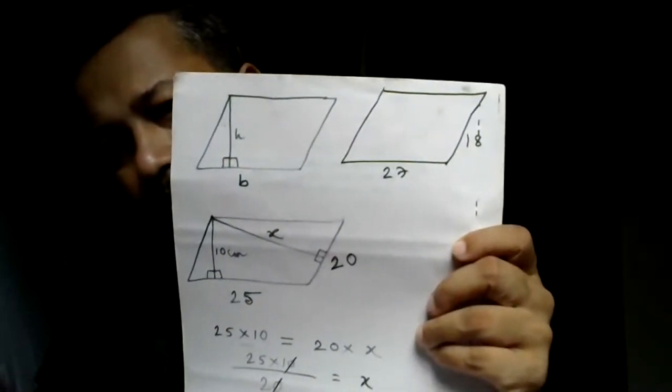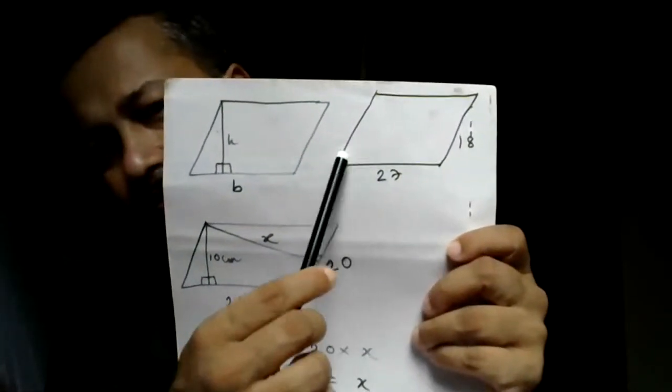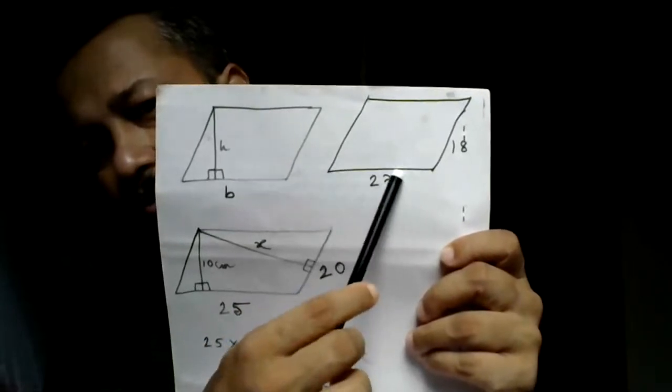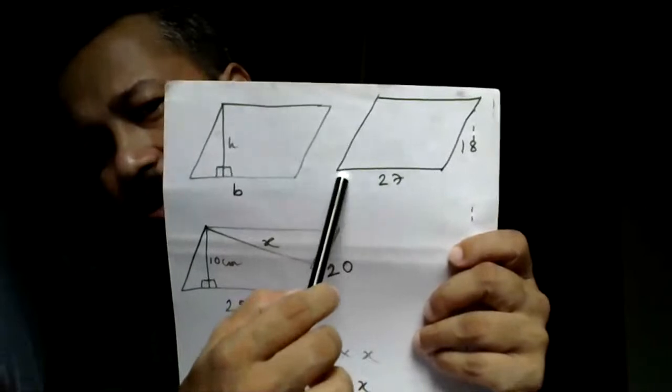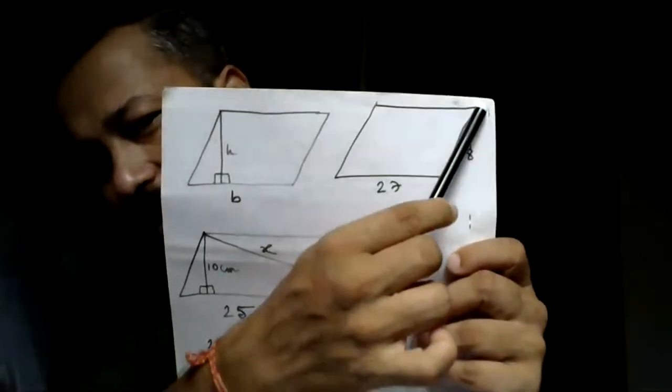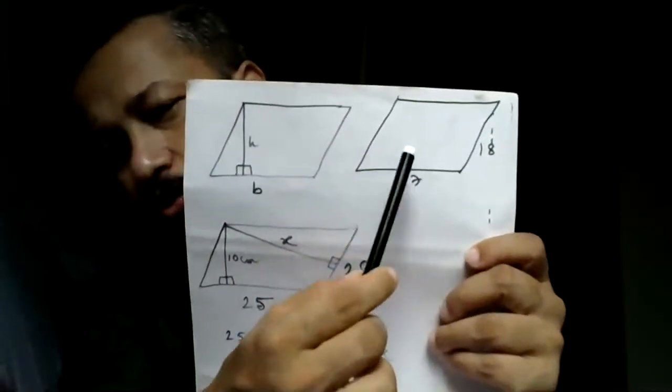Now we have to find the height. When this is the base, what is the height? We have to draw the height here. And when this is base, then what is the height? Two different bases mean two different heights. We have to find that.